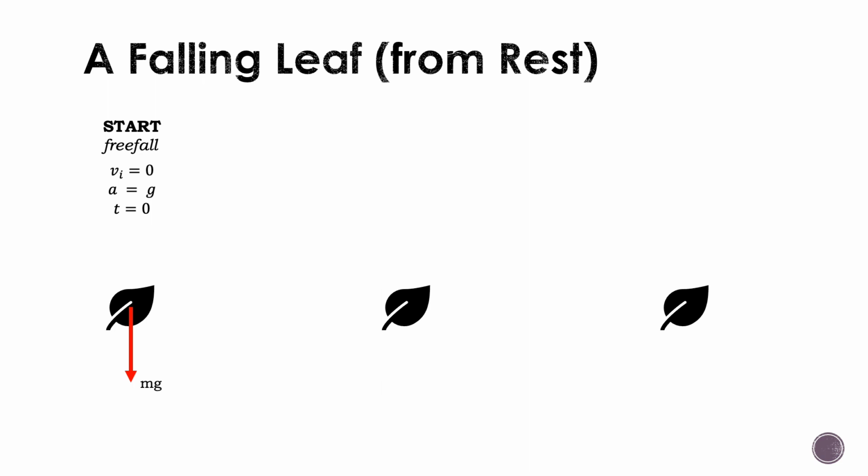But now, as it starts to fall and get a little faster because of gravity, not only is the weight pulling down on it, but there's going to be some air resistance pushing back on it. Now the leaf is still moving, but it's accelerating at a smaller rate than gravity.